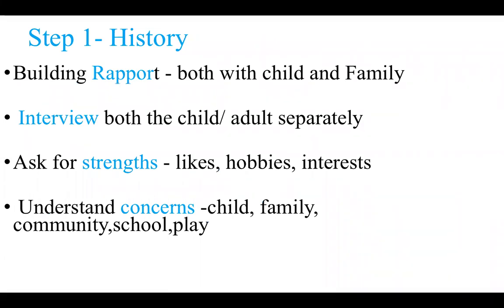So step 1 is taking the history. We need to build a rapport with both the child and the family. And believe me, building a rapport with the child is a very difficult task because they are very sharp and quick to grasp, and they also know that their behavior is not what is expected.